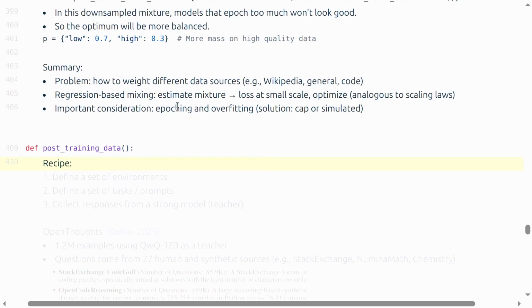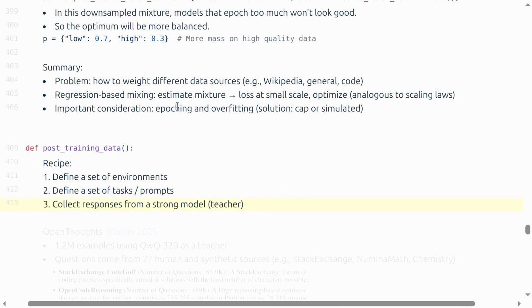So the general recipe is you define a set of environments. In the case of code, that might be GitHub repos. You define a set of tasks or prompts, and then you collect responses from a strong model or teacher. Implicitly, at least in the open community, most of the post-training data is synthetically generated.